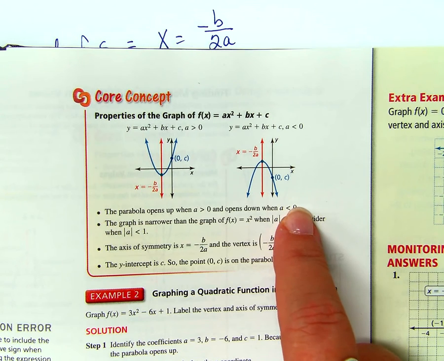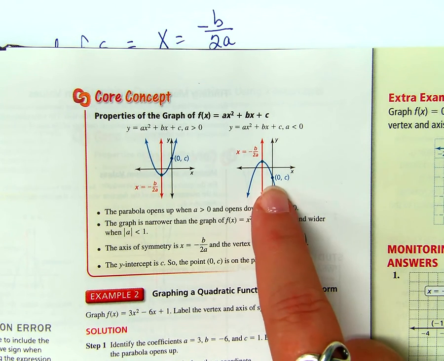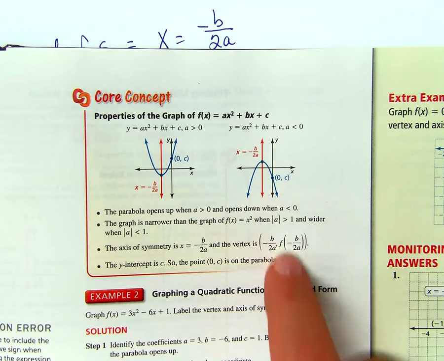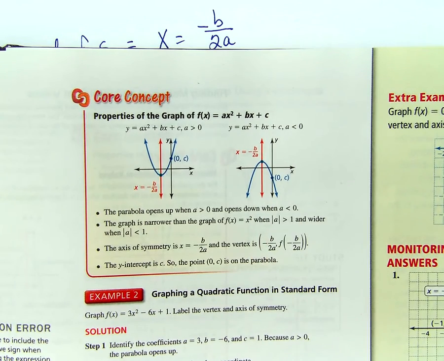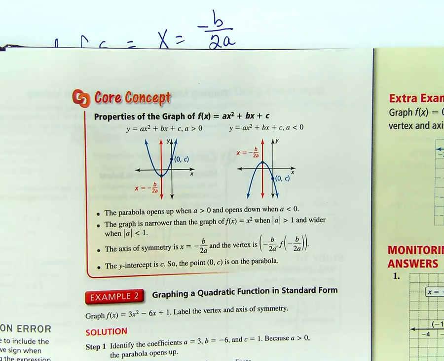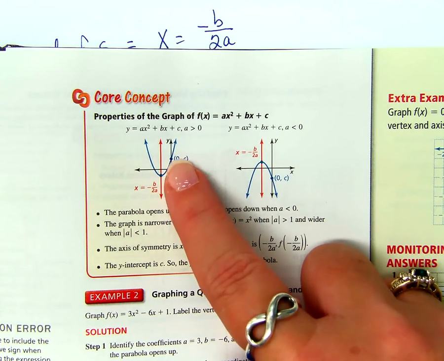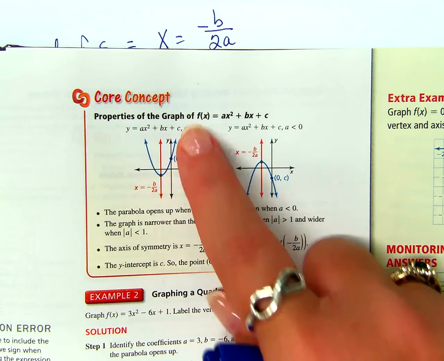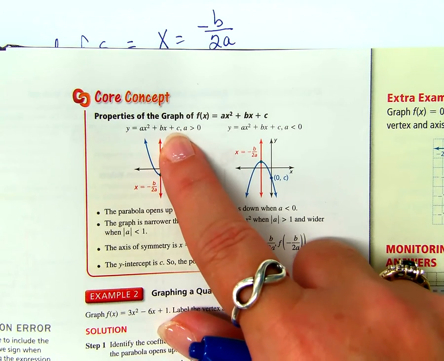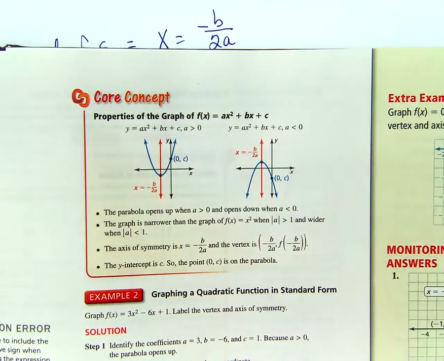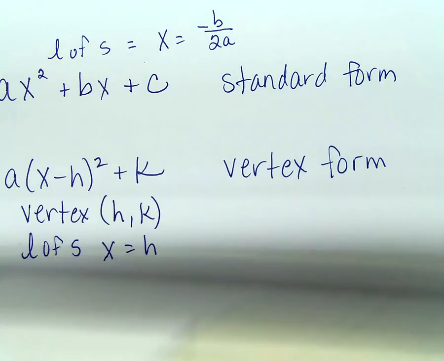What is that? That's where it's crossing the y-axis, isn't it? What's that called? The y-intercept. That's exactly right. Okay? Where the parabola crosses the y-axis is the y-intercept. 0c. So it tells you right in the equation where the y-intercept is when you're in standard form. Is that true? It sure is.